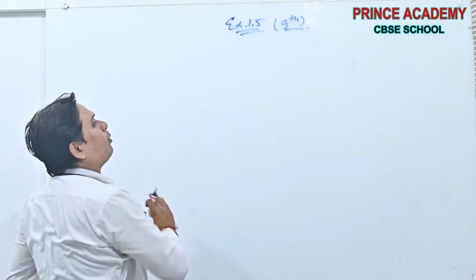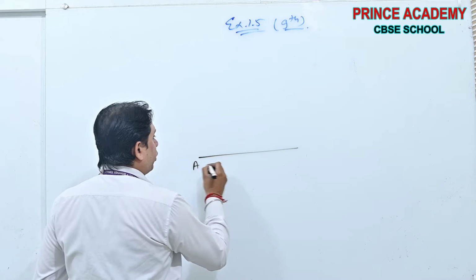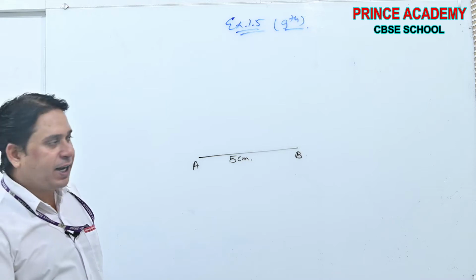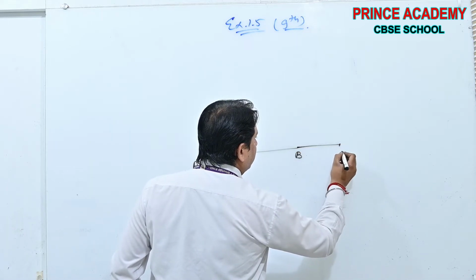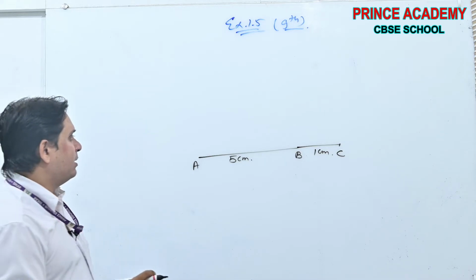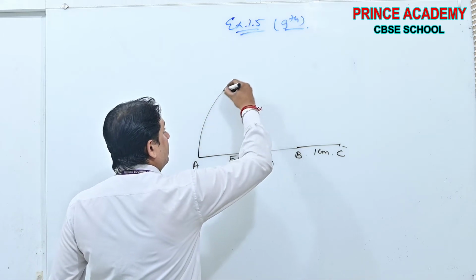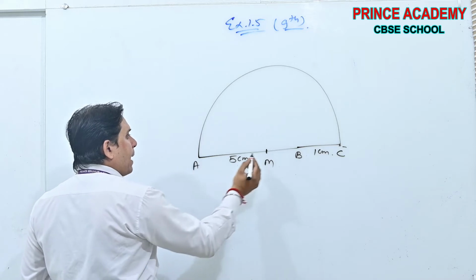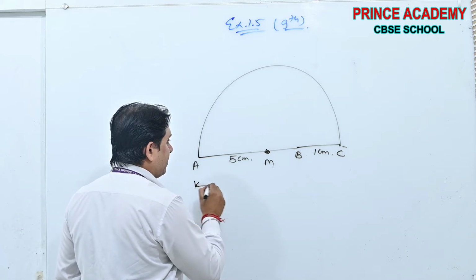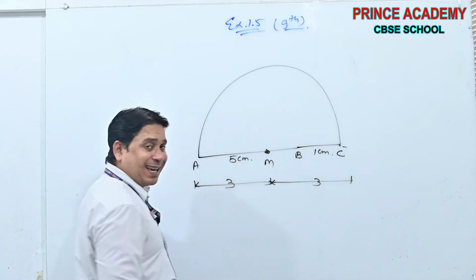See, what was the first step we took? We took AB 5 centimeters. Then we add 1 centimeter to it. Then we took the midpoint M and drew the semicircle. M is the midpoint of AC, therefore this is 3 and this is also 3. 3 plus 3, 5 plus 1, 6.